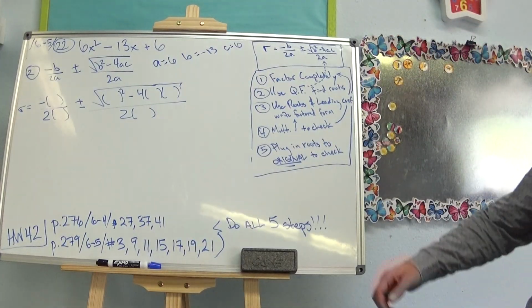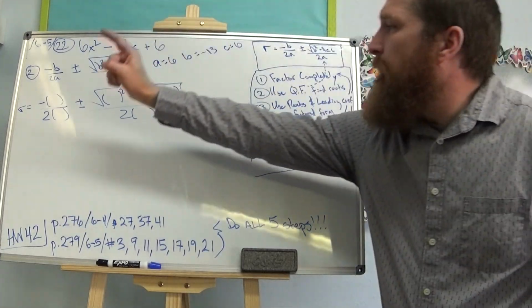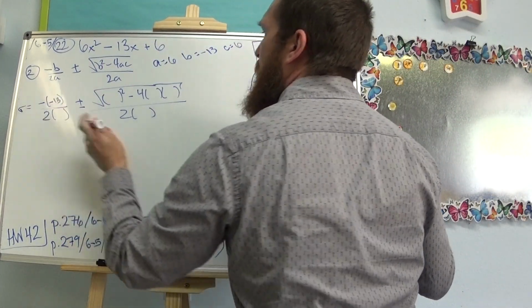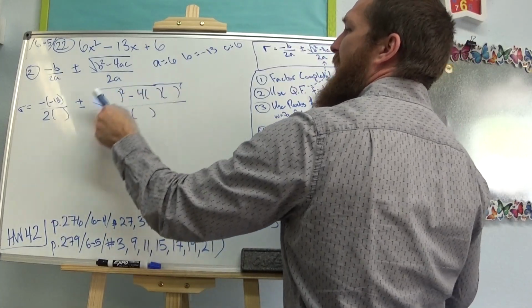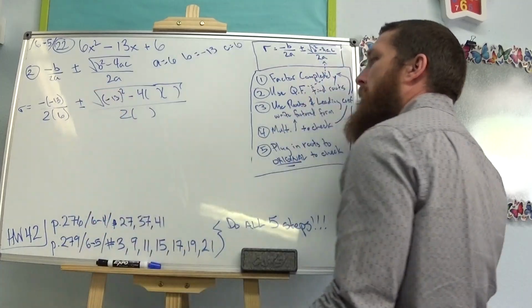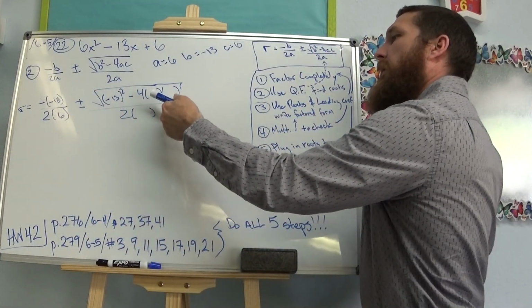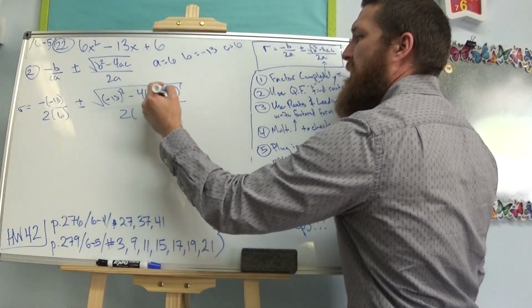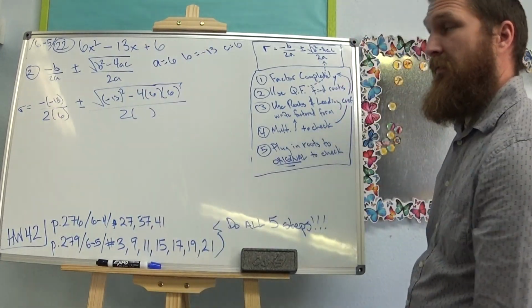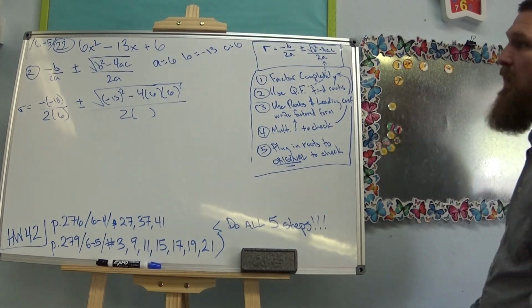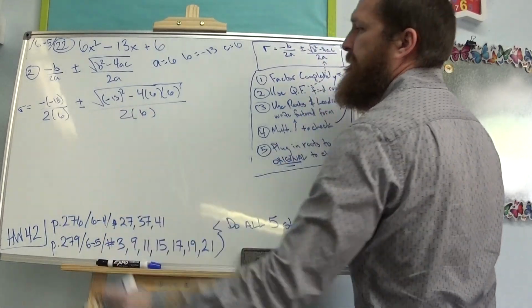Okay, so this is how I deal with that. Start with the b here, plug in my b, and I have negative 13. Down in the denominator, I have a 6. b again, negative 13. A and c, I have 6 and 6. So 6 here, 6 here. They're both positive. Careful. Okay, and then in the denominator, 2a is 2 times 6.